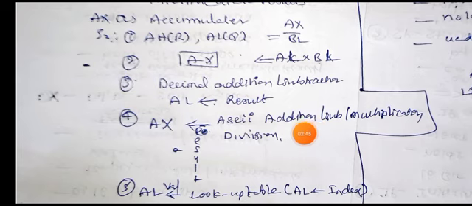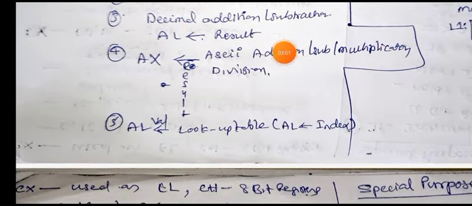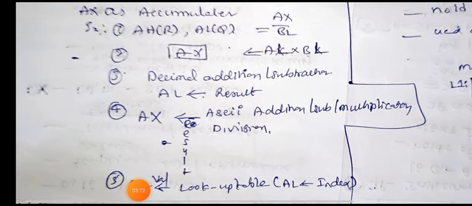After performing the operation, the result is stored back in the AX register itself. So this is why AX is called the accumulator. Similarly, lookup tables. Whatever value you get from the lookup table is again stored back into the AL register itself. So this is about the accumulator, right?